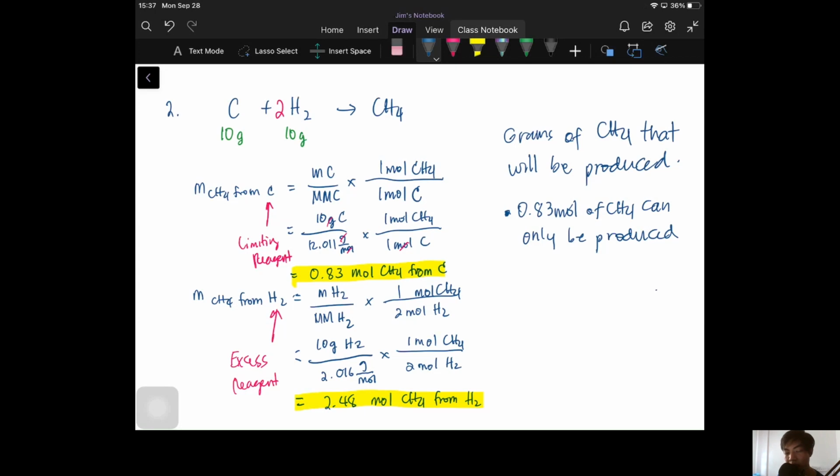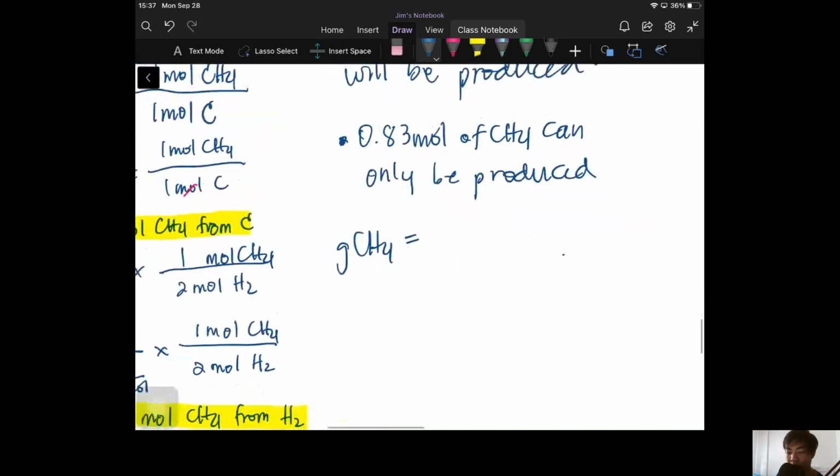But the question asks us about the grams. Grams yung kailangan. So we will just convert the moles into grams. So that's grams CH4 equals, zoom in tayo, mole CH4 times the molar mass of CH4. 0.83 moles times molar mass. Solve ko.